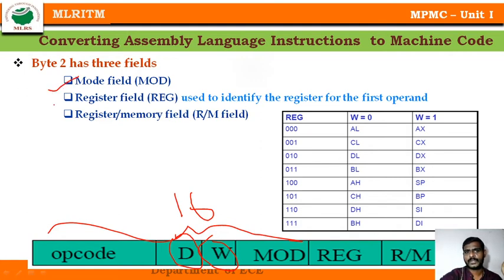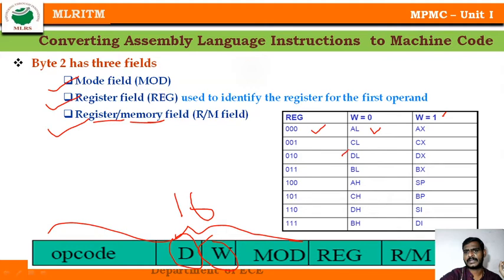One is called the mode field, so it tells the mode of operation. Then there is a register field. Again, one tells where you want to perform this operation, from register to register or memory. So this table gives some of the information. If the register value is 00, AL is 8-bit data, width is 0, and for 16-bit, so that register value 00 I need to take.